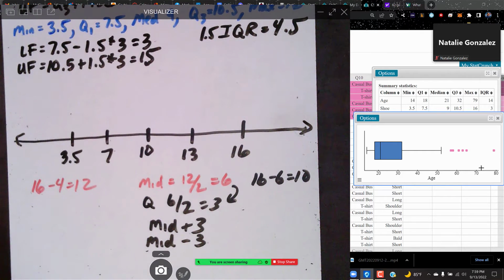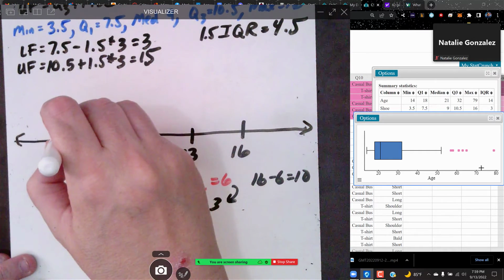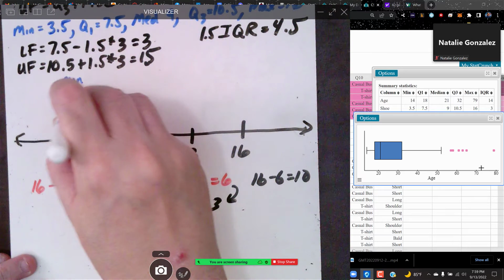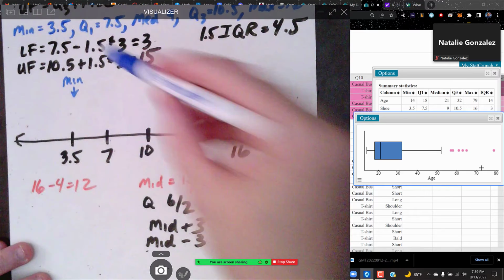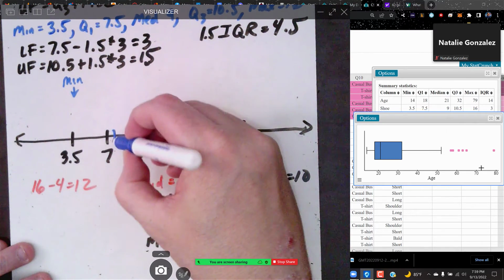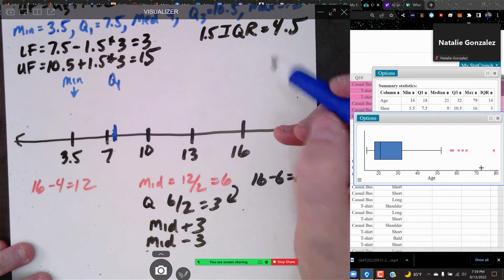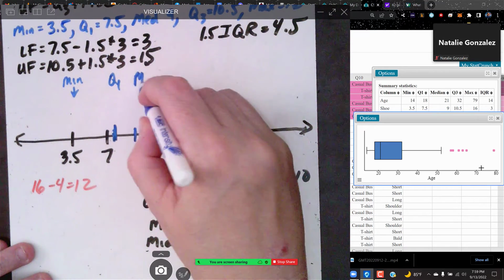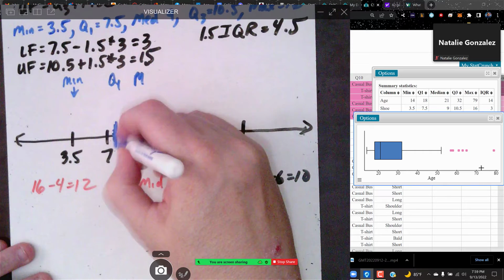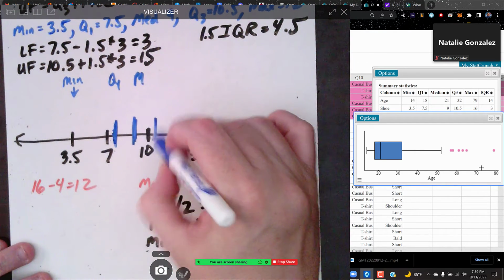Let's label our values on this line. My min is right here. My Q1 is 7.5, which is, let's say, right there. My median is 9, which is right about there. My Q3 is 10.5, which is right about there.